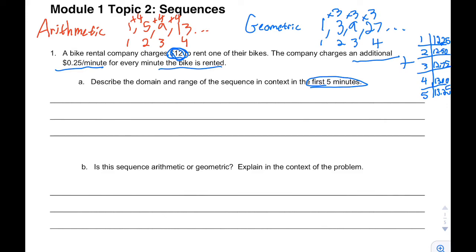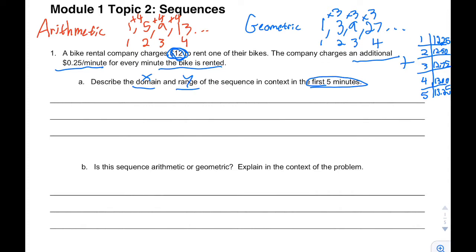So letter A says, describe the domain and range of the sequence in context in the first 5 minutes. Well, domain and range, this goes back to earlier in the semester. Domain are the x values or your input values. The range are all your y values or your output values.